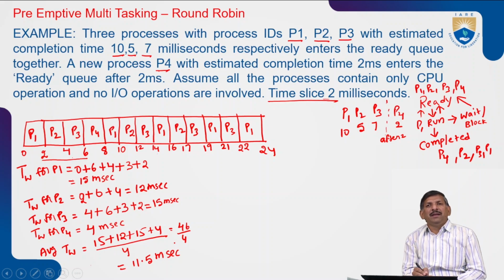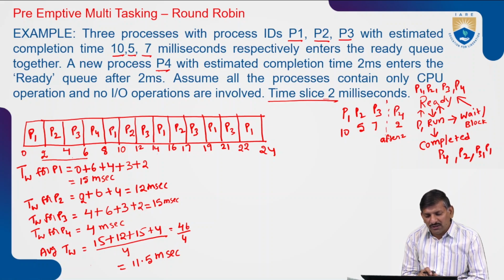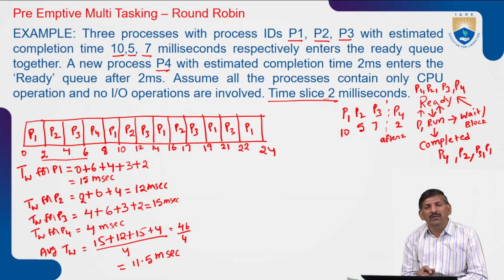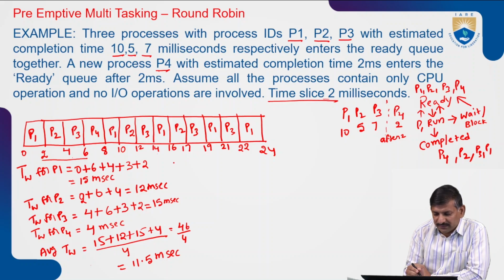So for this requirement, the average waiting time for each process is 11.5 milliseconds.